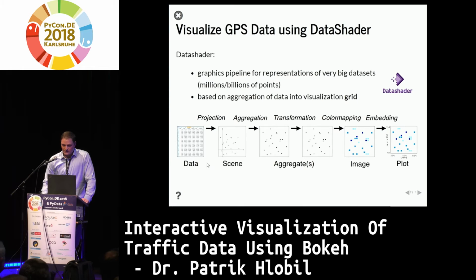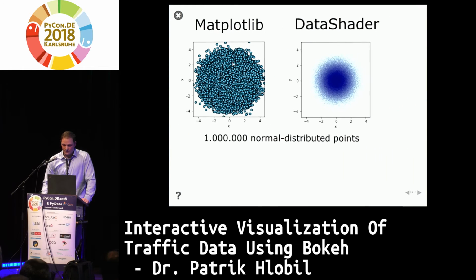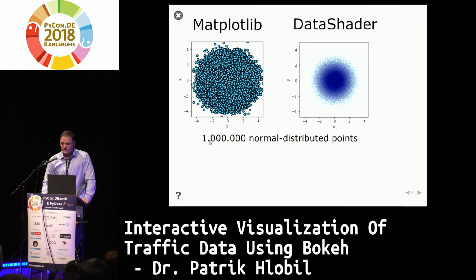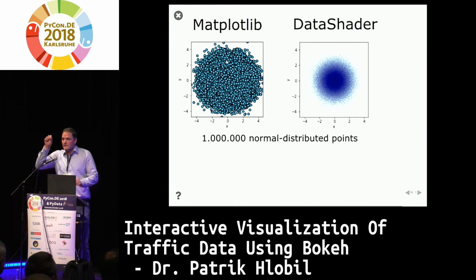So the idea here is, instead of doing it like Matplotlib, this is 1 million normally distributed points. You don't see anything, you just see a circle. It's making a grid and then counting the points in these individual grid cells, and then colors it depending on how many points there are. And then, as you can see here, you can see that it's a Gaussian distribution or some distribution. Here you don't see anything, here you can see something.